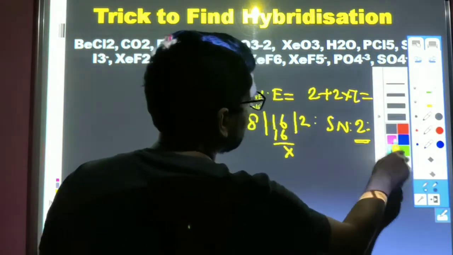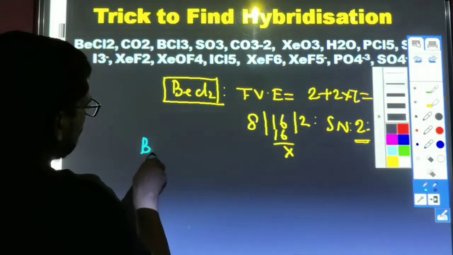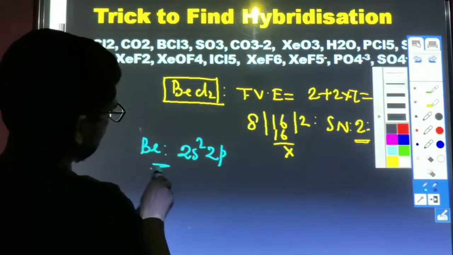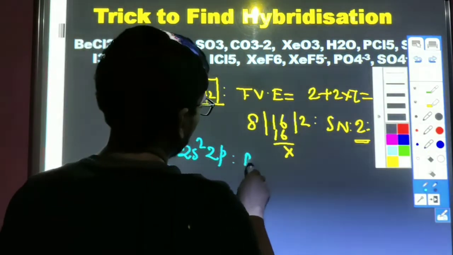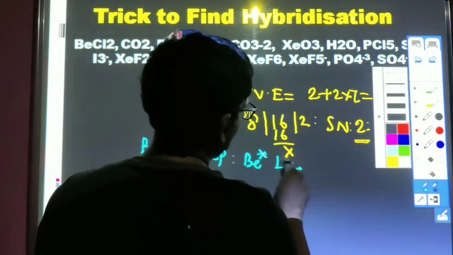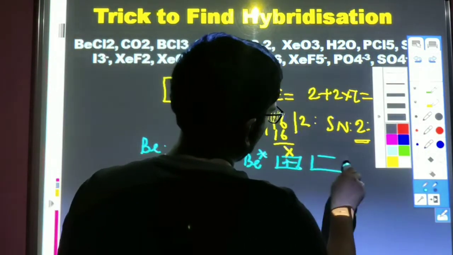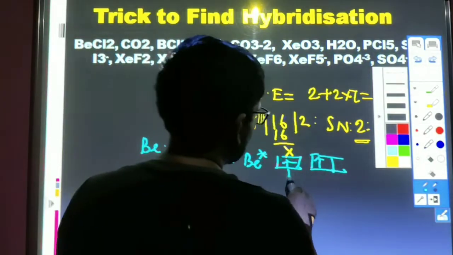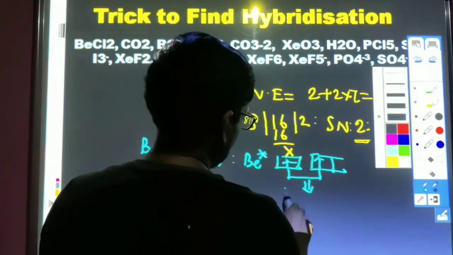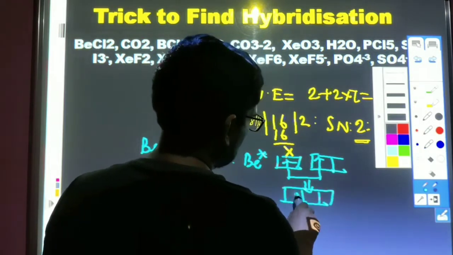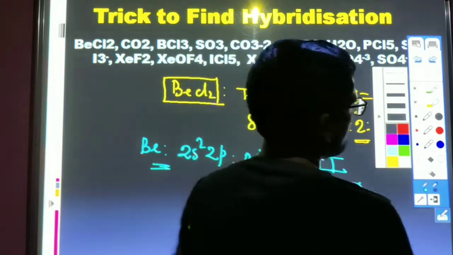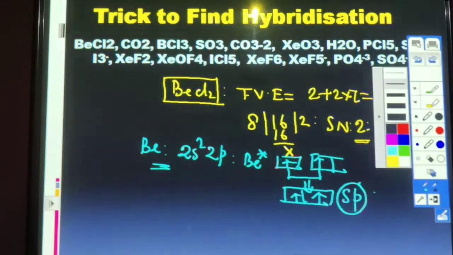Okay, how will be the sp hybridization? This is the electronic configuration for beryllium. If you excite beryllium, then what will happen? One electron will be excited to p orbital. So this combined to give you 2 sp hybridized orbitals of equivalent energy.